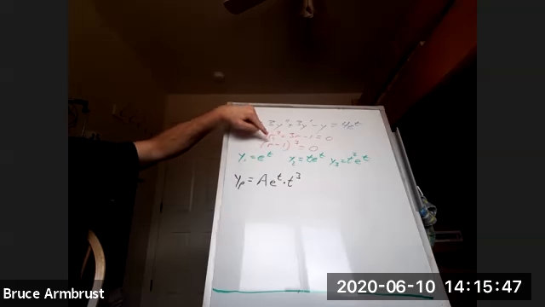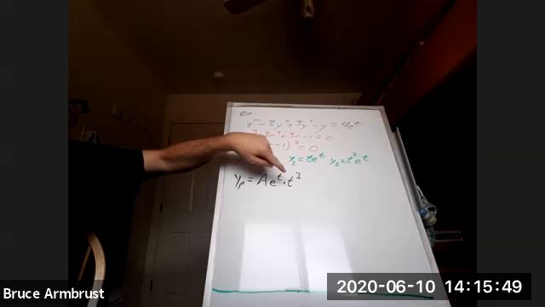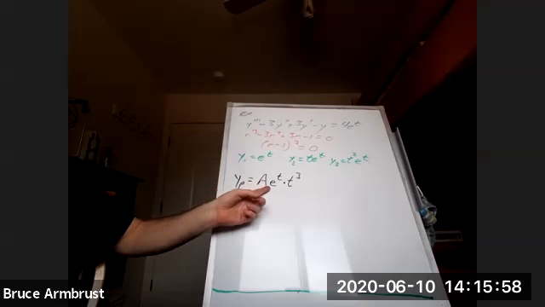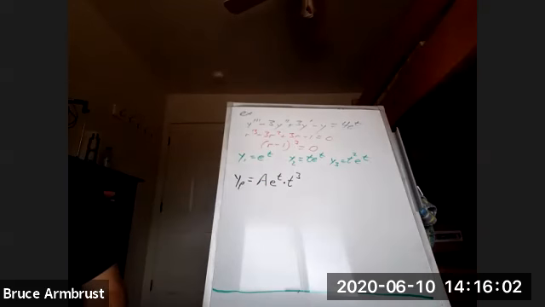So since 1 had multiplicity 3, we need to multiply by t cubed. Or alternatively, think of it as you need to multiply by whatever so that this original guess no longer has pieces that are in the fundamental set. All right, so there would be our particular guess.